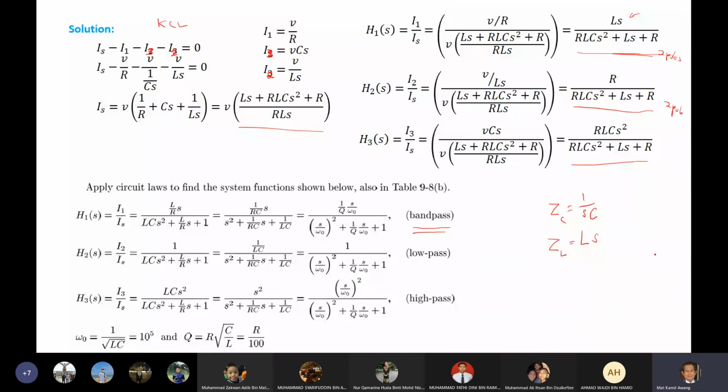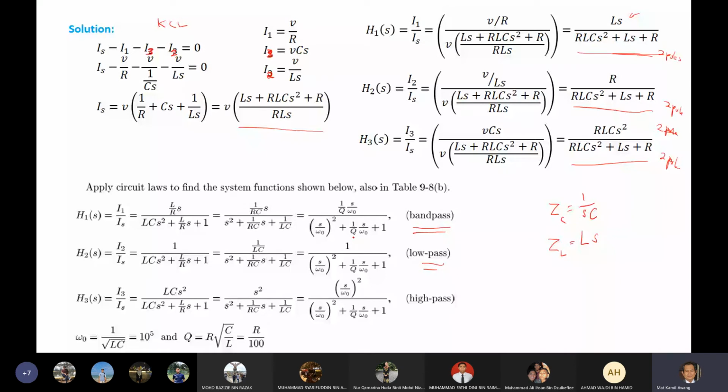What kind of filter is that? Low pass. It's a low pass filter. And you have 2 poles and 2 zeros. So this is the high pass.